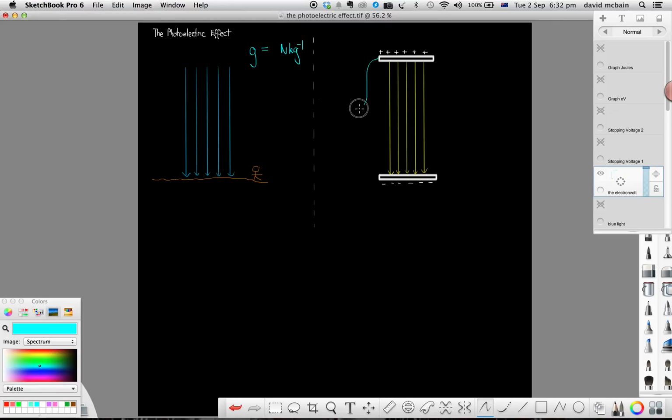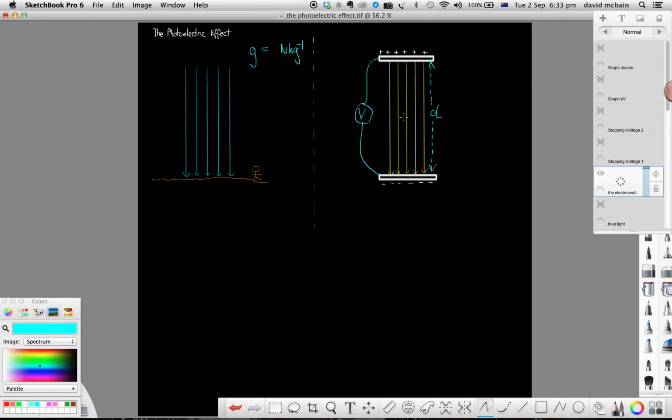So there will be a voltage between those two plates. And also, those two plates are separated by a distance, which we're going to call d. So the distance between that plate there and that plate there is d.